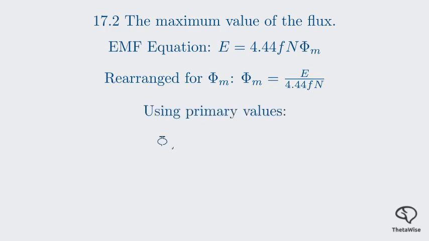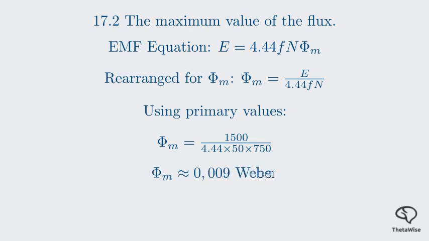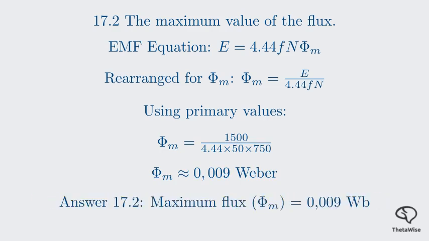Plugging these values into our rearranged equation, we get 1500 divided by the product of 4.44, 50, and 750. This gives us a maximum flux of approximately 0.009 Weber. Notice how small this value is, but it's enough to induce the necessary voltages.